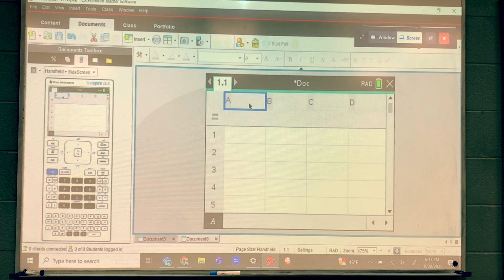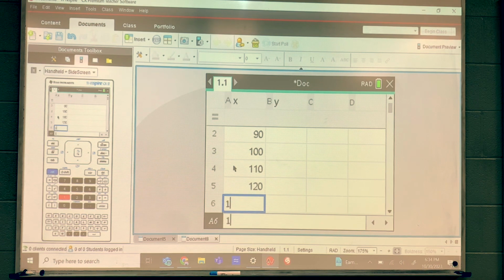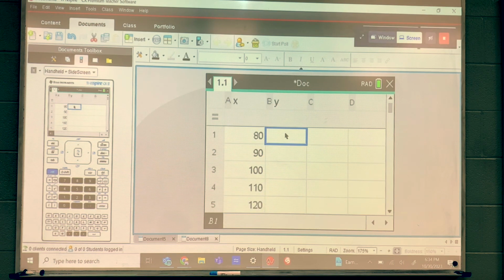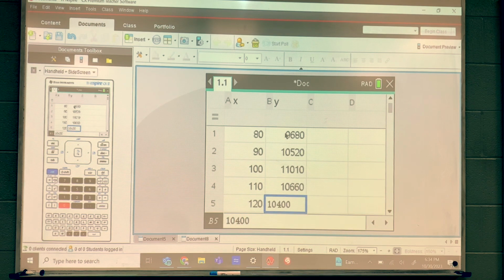I'm going to put my x column first, second column as y's, and then start transferring the information. 80, 90, 100, 110, 120, 130, 9680, 10520, 11010, 10680, 10400, 9380.